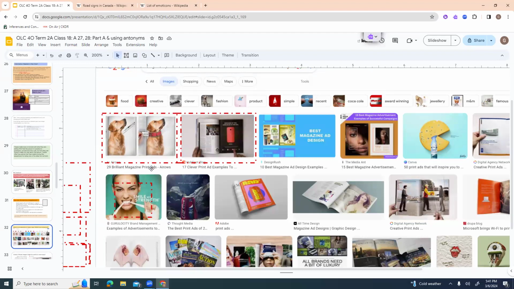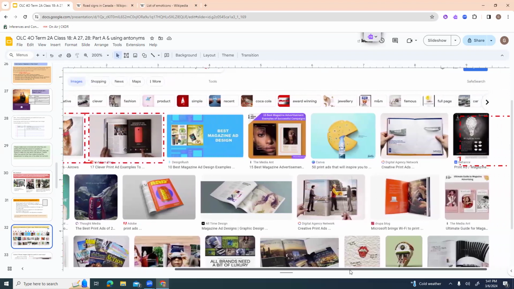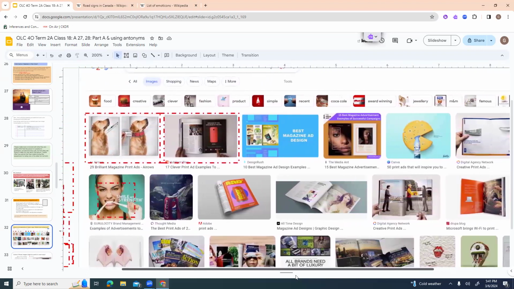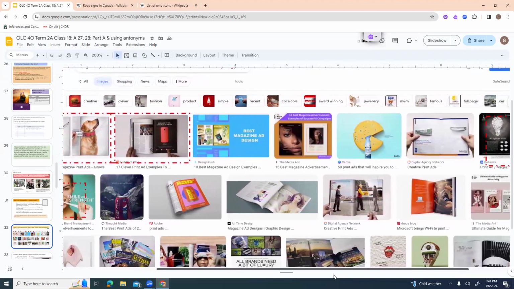I would actually go into the article and try and read it. Here, this is definitely a print ad. This is another article about print ads. So is this one. Quite a few of these are showing you places to go to look at print ads.